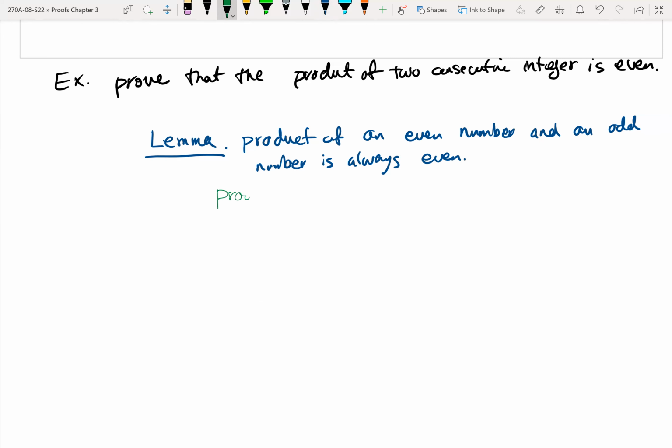So proof. I'll go with the direct proof. So let n be an arbitrary even number and m be an arbitrary odd number.